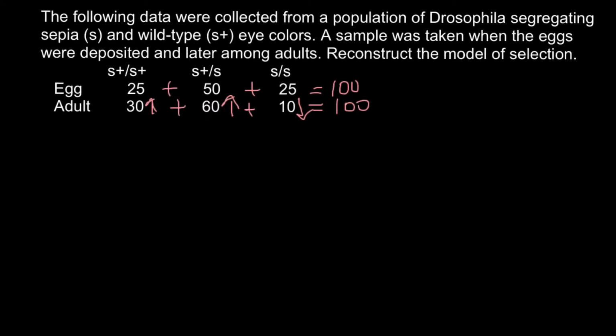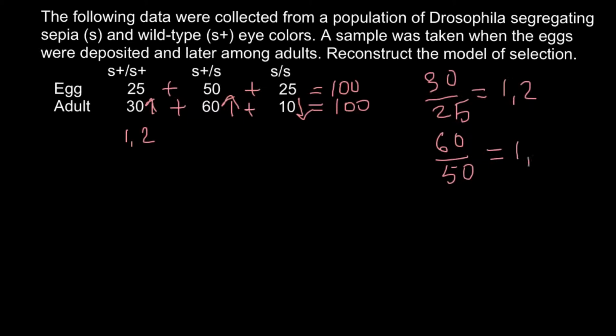In order to find the fitness here, we have to divide 30 by 25, and we get 1.2, which is the fitness of this genotype. The same thing we can do here: we divide 60 by 50, and once again we get 1.2.